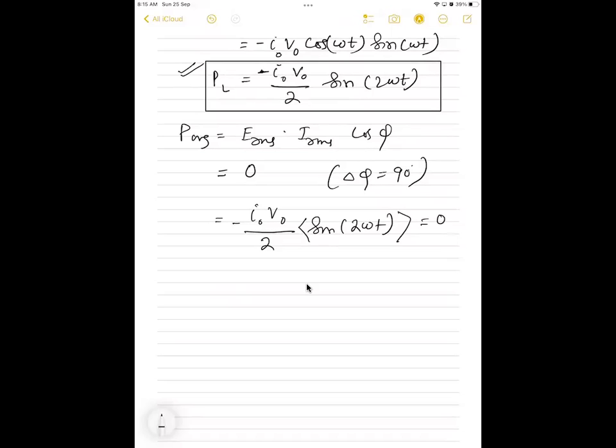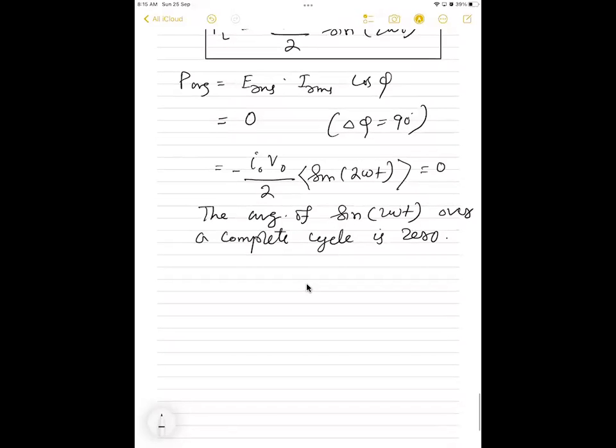That means the value of sin over a complete cycle is what? Zero, right? Yes, sir. So you can write the average of sin 2 omega t over a complete cycle is zero. So finally we can conclude one sentence about the inductor: average power supplied to an inductor over one complete cycle is zero, right?